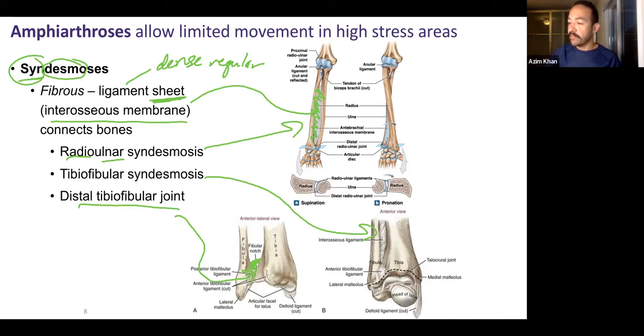I guess this is better seen right there. So you have broad sheets between those two bones, and those two bones are unique in our arms and our legs. You want them to be held together. You might be thinking you can turn your forearm over, you can pronate and supinate your antebrachial region. Those joints, those highly movable joints, are different. We'll get to those in a minute. But if we're talking about the sheets holding the two bones together, those are syndesmoses.